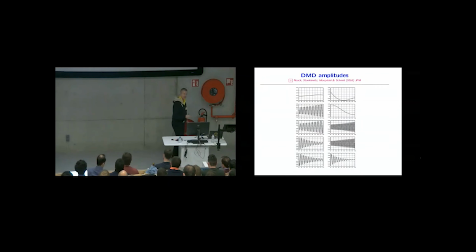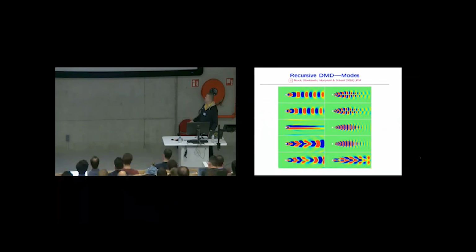So the DMD can be very good if you are in the linear regime. It can be very good when you are on the attractor, but it is not particularly well suited in the transient regime. And then we have made a switch between both, which we have called recursive DMD. I will talk about it later.